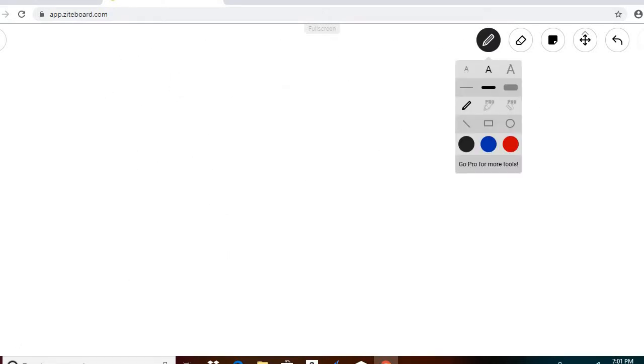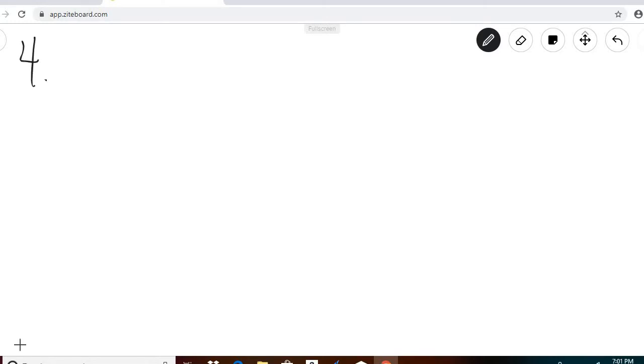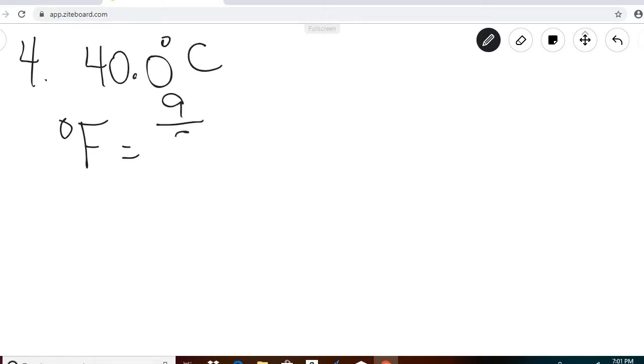Okay, then the next one is number 4. And number 4, we are given a temperature of 40.0 degrees C. And we are asked to convert that to Fahrenheit. So degrees Fahrenheit is 9/5 times degrees C, and then you add 32 to that.